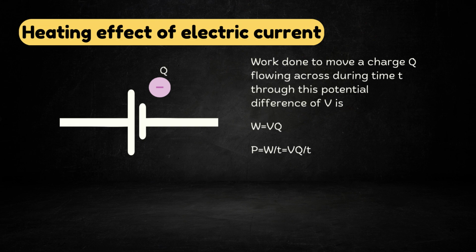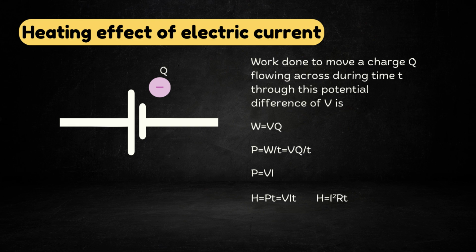We know that Q by t is current, so the power is nothing but V into I. So the heat energy dissipated would be power into time, which is VIt. Applying Ohm's law to this, we can write the heat dissipated as I square R t.